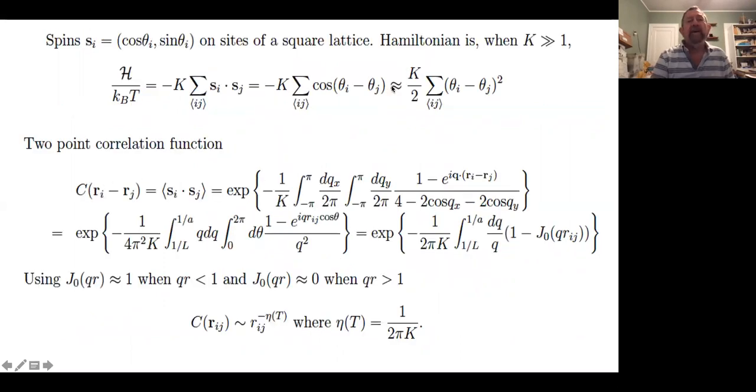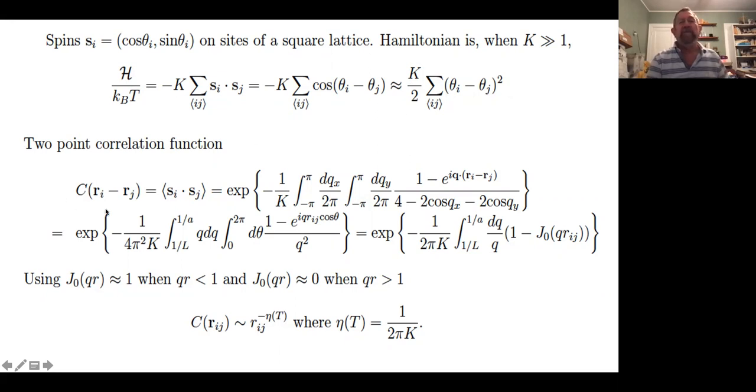Okay, now, I think I better stop there. I just thought I'd do this calculation of the spin-spin correlation function when the Hamiltonian can be written as K over 2 times the sum over nearest neighbor pairs of (θ_i minus θ_j) squared.